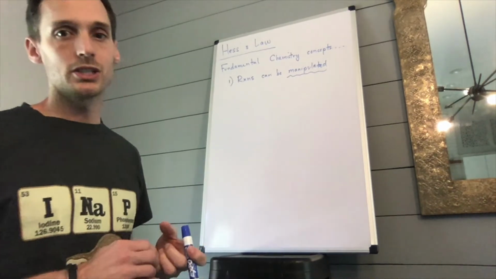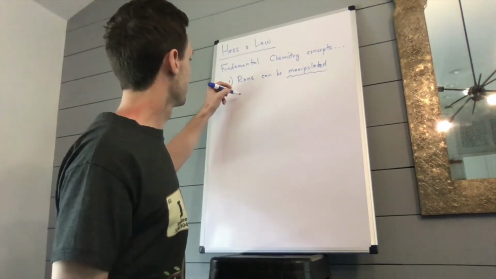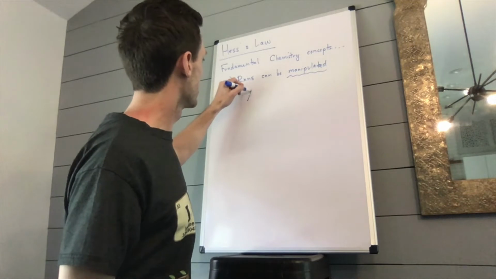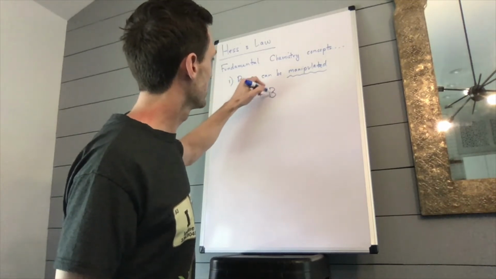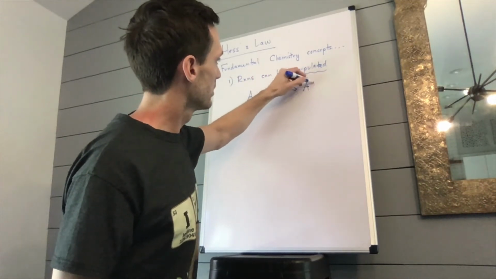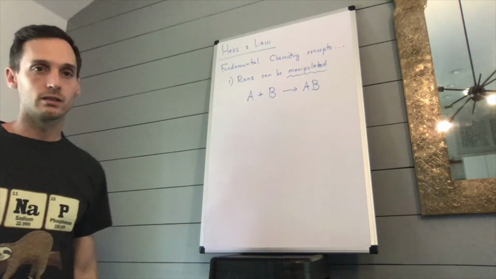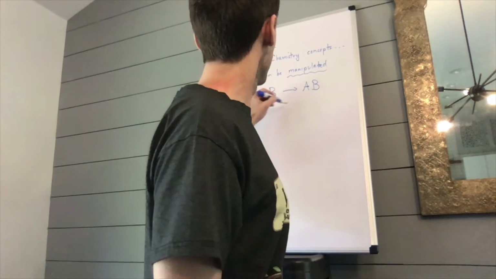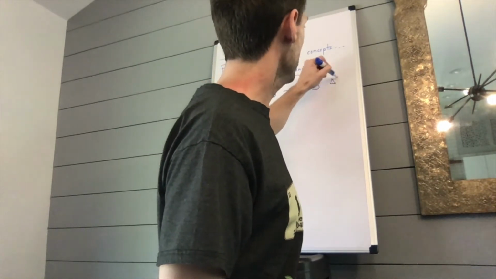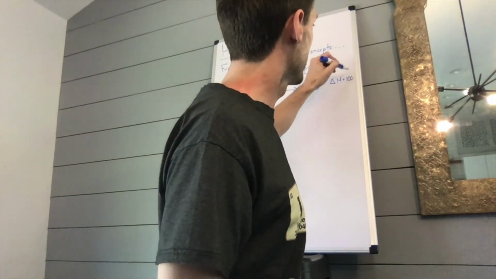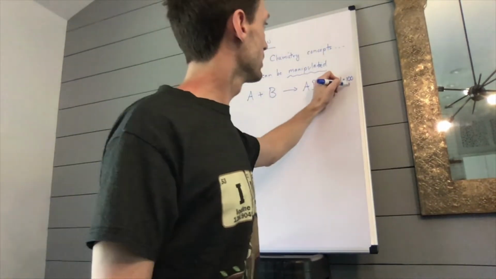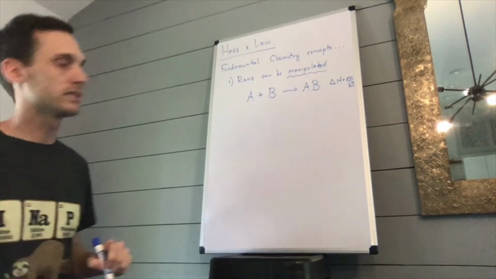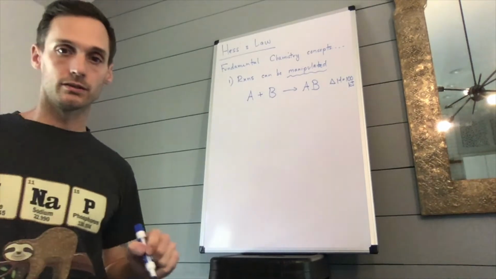Let's think of a very simple reaction: A plus B creates a compound AB. And let's say the delta H for this reaction is 100 kilojoules.